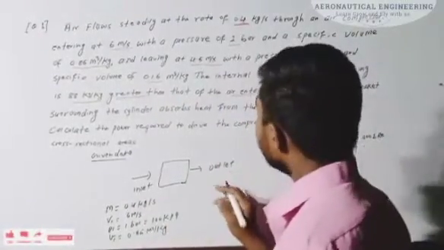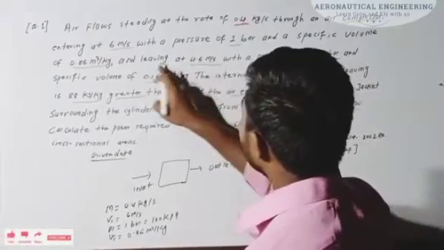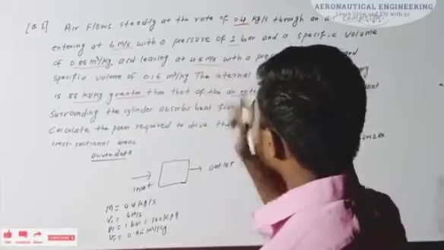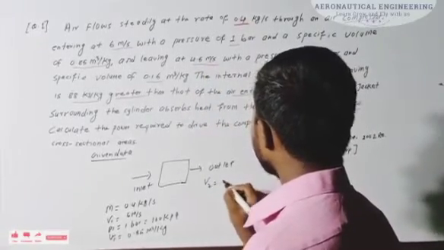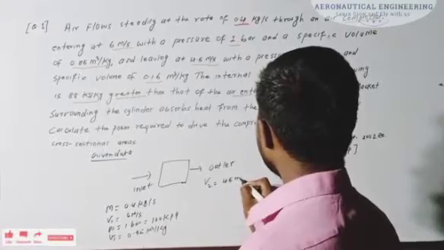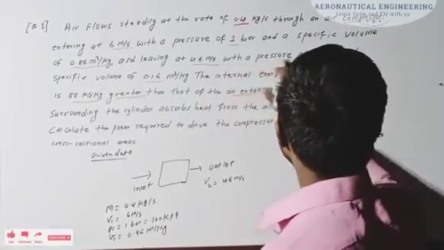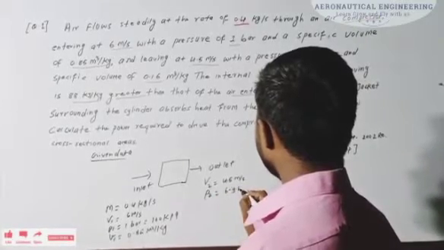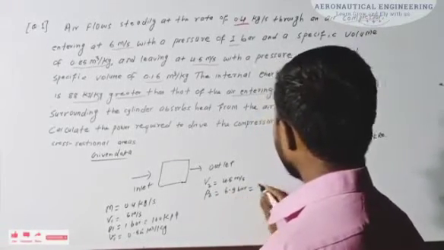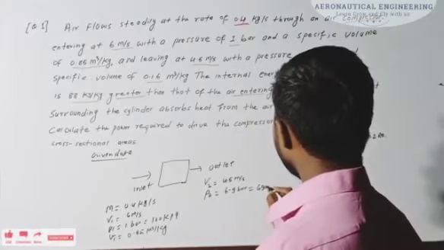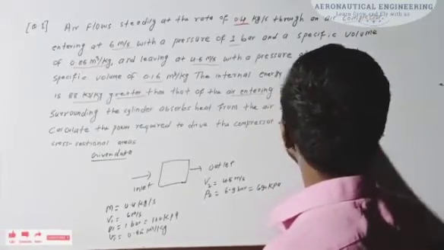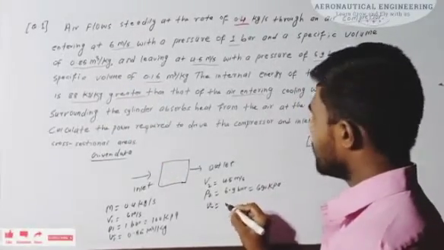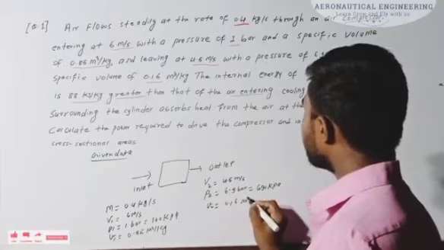For the outlet condition, the air is leaving with velocity V2 equal to 4.5 meter per second, with a pressure P2 of 6.9 bar. Since 1 bar is equal to 100 kilopascal, it becomes 690 kilopascal. The specific volume v2 is also given, 0.16 meter cube per kg.